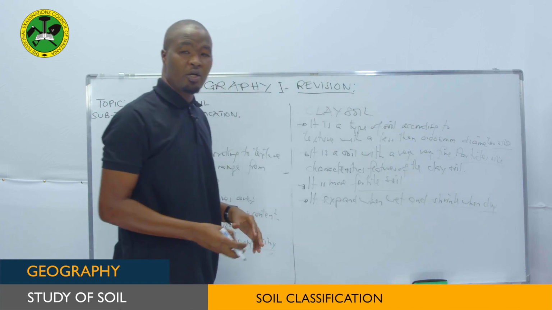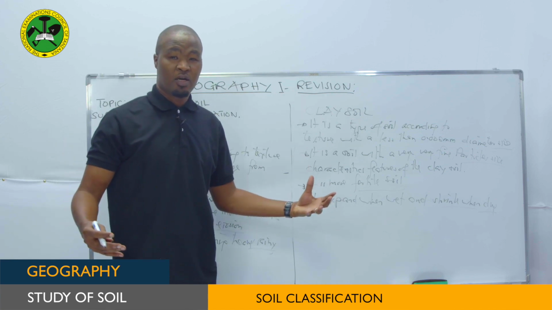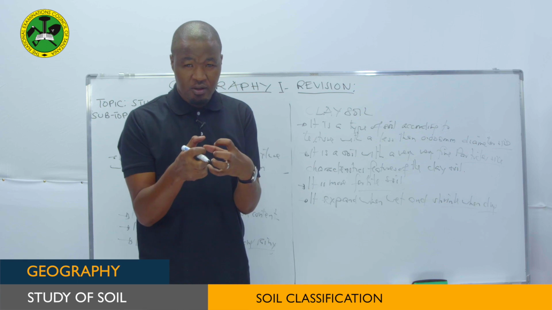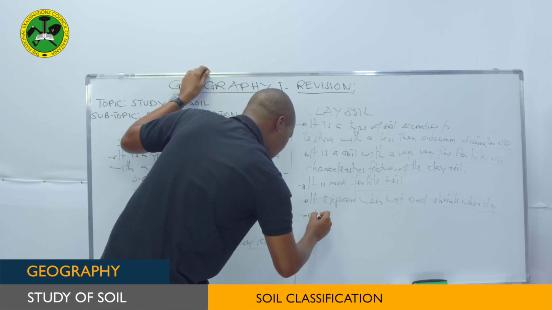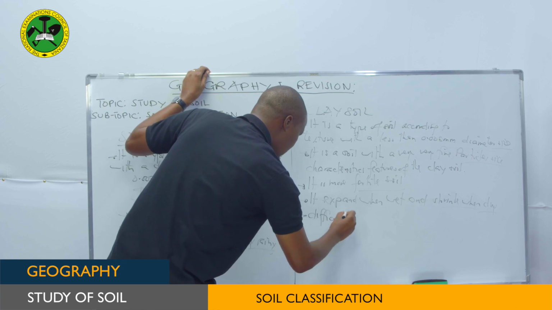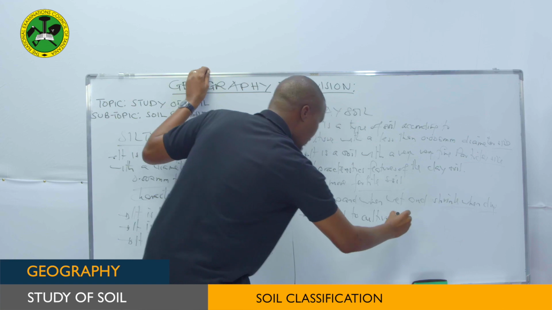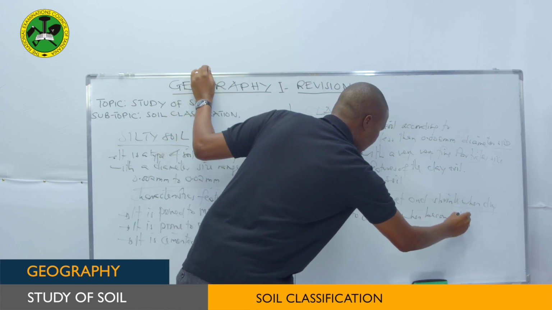It means during rainfall, for instance, this type of soil tends to expand. And during the dry season, when there is no rainfall, this type of soil shrinks. Are we together? Another characteristic is difficulty to cultivate when it becomes dry.